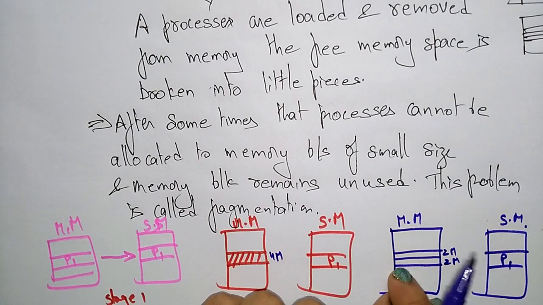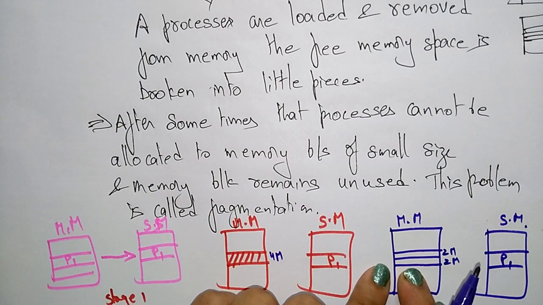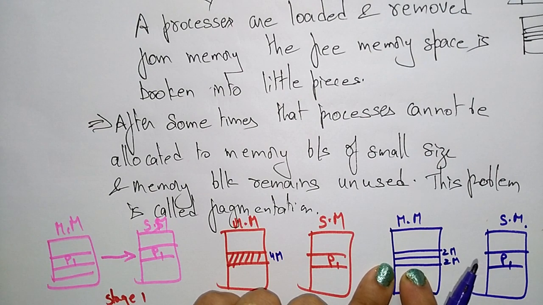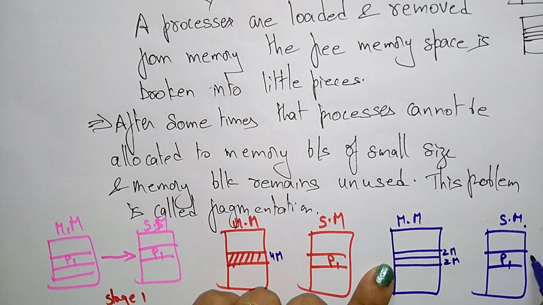But the memory that was there previously has been divided into smaller pieces, so it cannot be allocated because of small size. This 4M process cannot be stored in this 2M and 2M, because it is partitioned. So the process cannot come back to main memory.